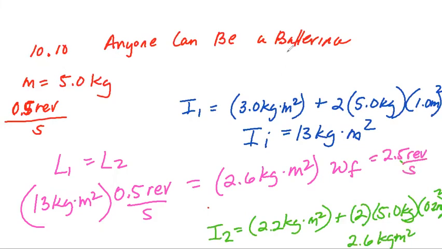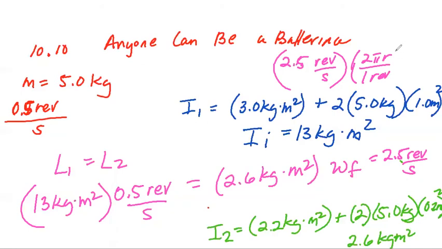And if I want to know what that is, 2.5 rev per second times 2 pi radians per 1 rev.